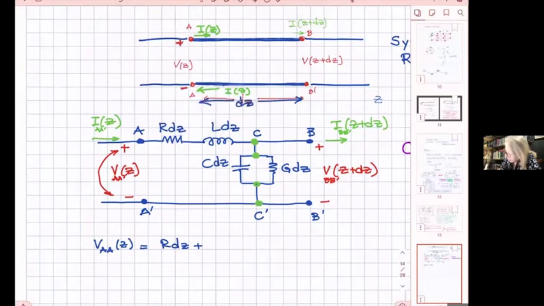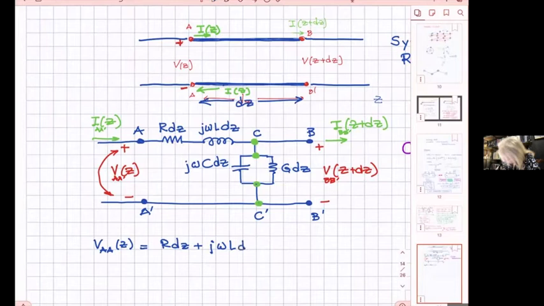And here there is a J omega, all right, L. And for C, I have a J omega C. All right, J omega C is not a resistor or an impedance, it's an admittance. You need to remember, like G is in admittance form. But I'm going to come to that. So this is J omega L dz, excuse me.